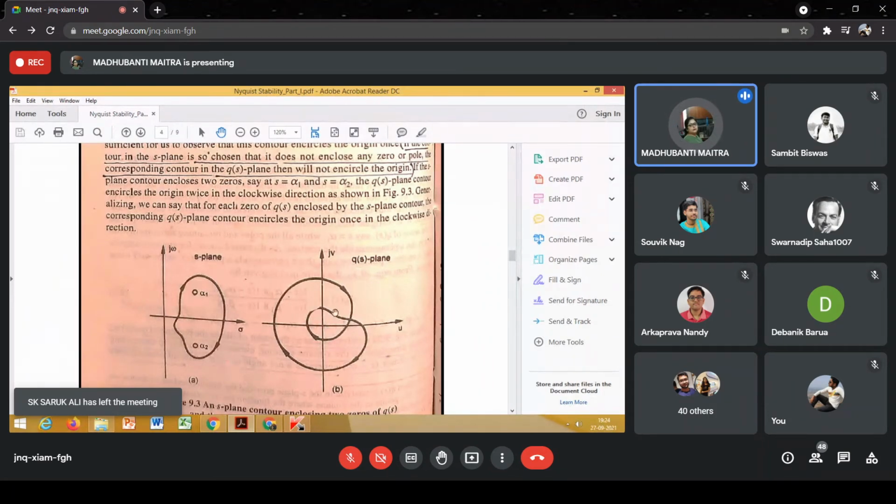Is it clear? Why? Because now delta angle QS is equal to 2 into minus 2 pi.